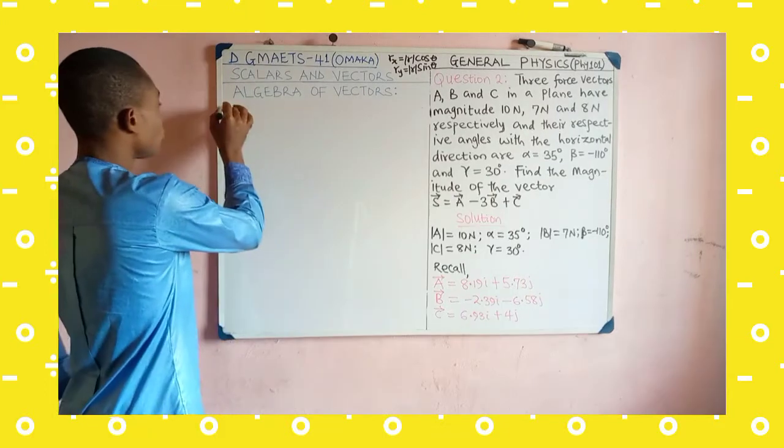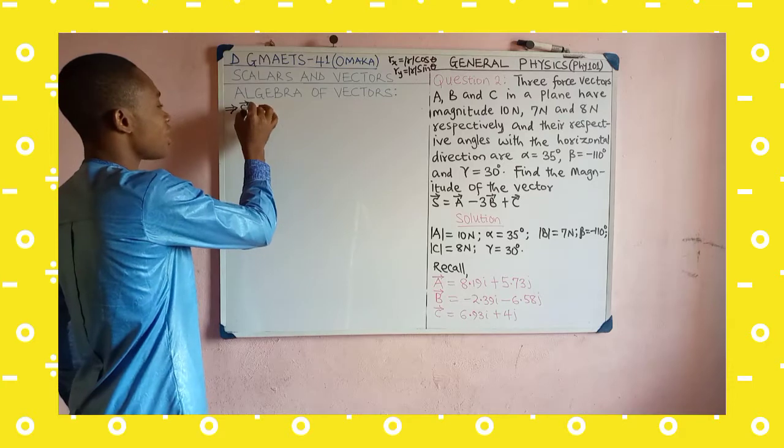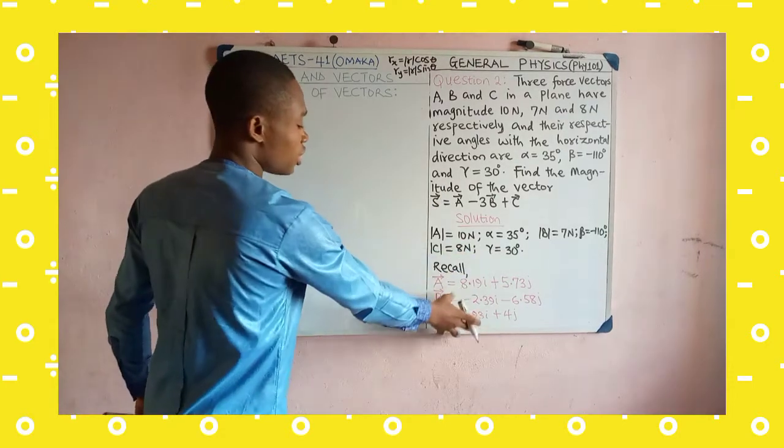Now we are going to rewrite the displacement vector S in terms of its coordinates using the values we have here.